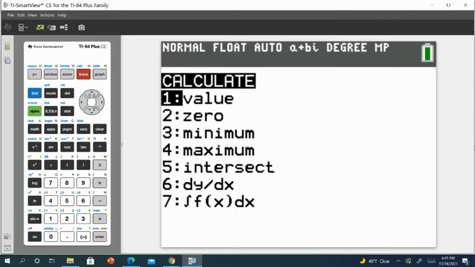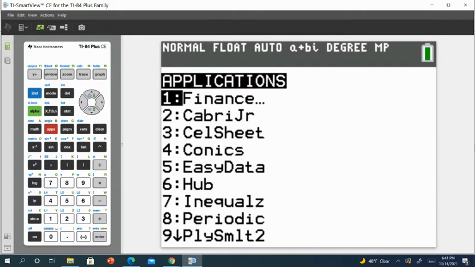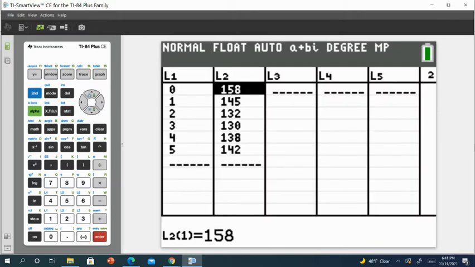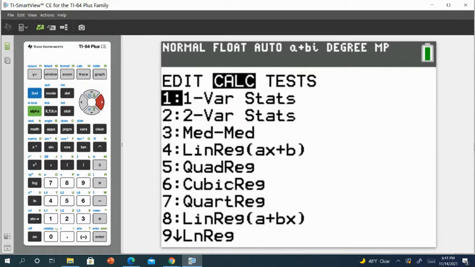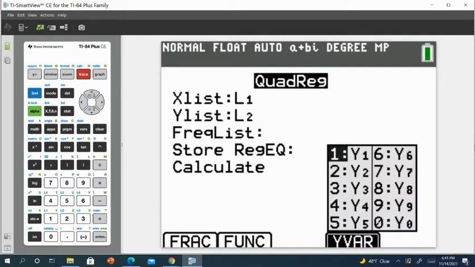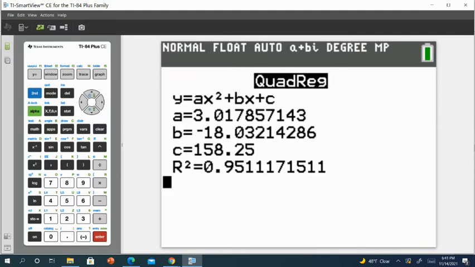No, let me go back to my stats. Edit. I've got the information in there. So now I'm going to go back to stats, arrow over to calc. Number 5 is quadratic. Enter, enter, enter. Alpha trace. Enter, enter, enter.